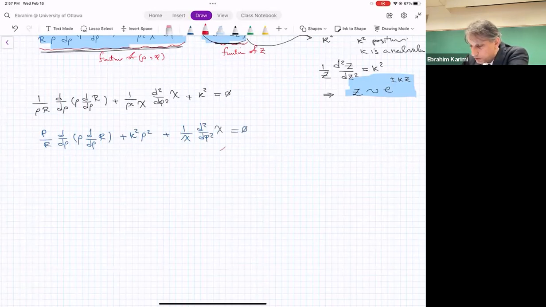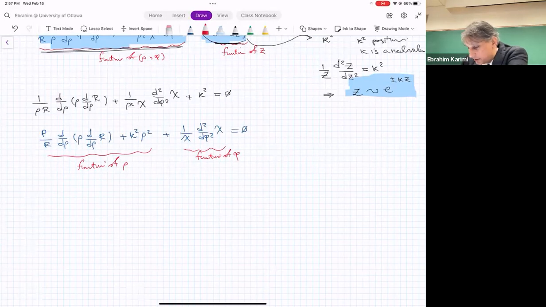Same situation. What is this function? It is only a function of phi. What about this one? Function of rho. Good.